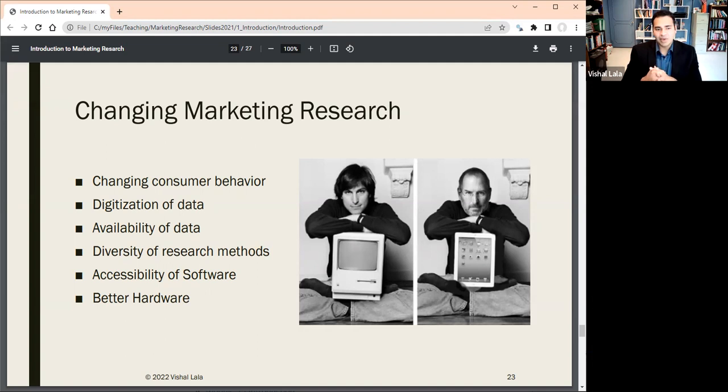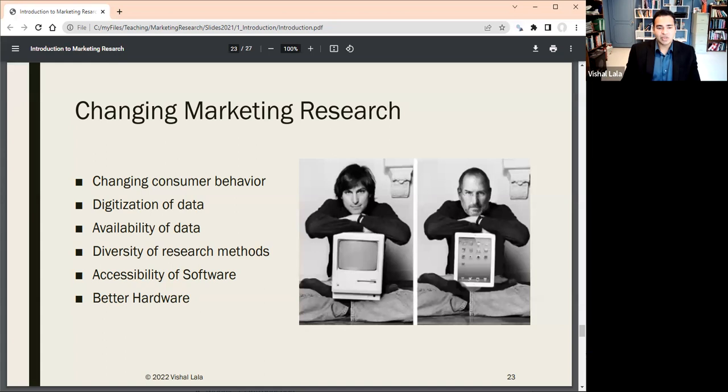Not a day goes by when you don't hear the word big data being hurled around, indicating that we have abundant amounts of data available to make sense of and utilize to better understand customers. We also have a diversity of research methods at our disposal thanks to the contributions of disciplines as diverse as math and physics, contributing to an ecosystem of research methods that we can use in the world of market research.